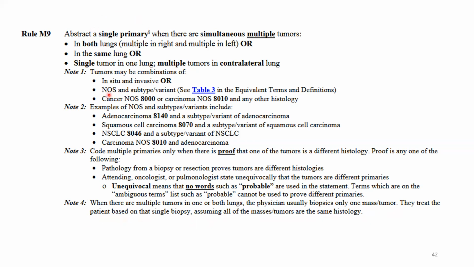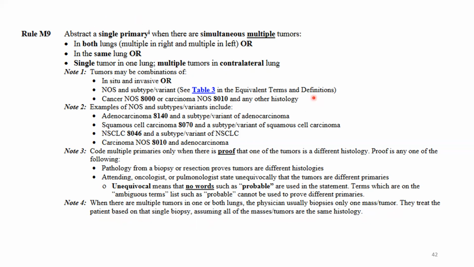We've already looked at we know that in situ and invasive is already a single primary, and you code the invasive. We've already looked at the NOS and the subtype variant in table 3. We know that's one single primary. If you have cancer or a carcinoma NOS and another histology, you're coding them more specific.